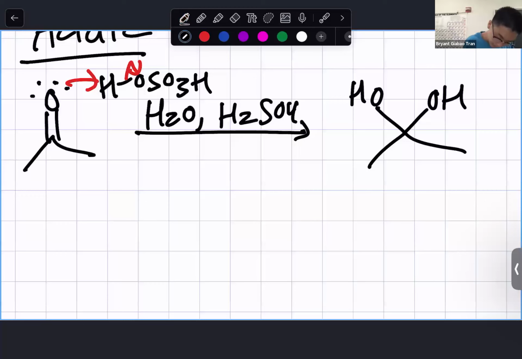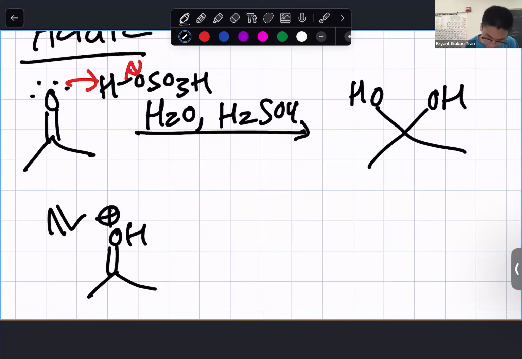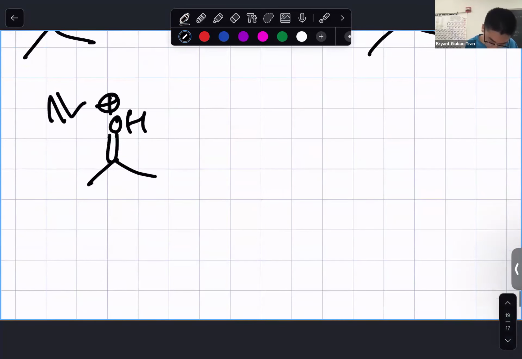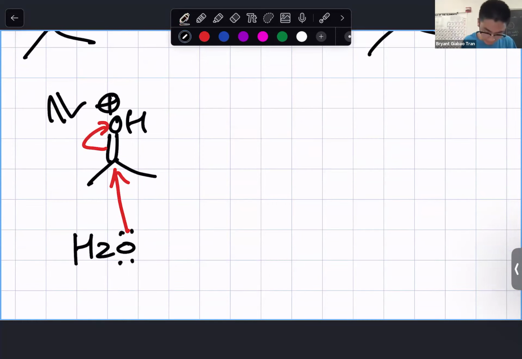Okay, that gets to OH plus. And now the weak nucleophile water can come in, attack that, pop that double bond onto the oxygen.